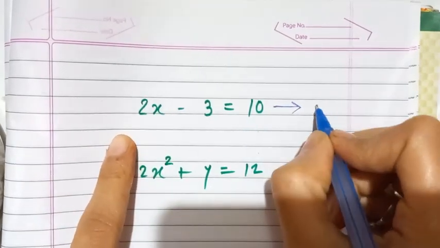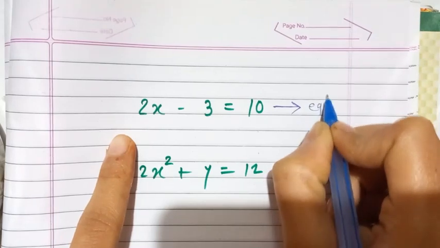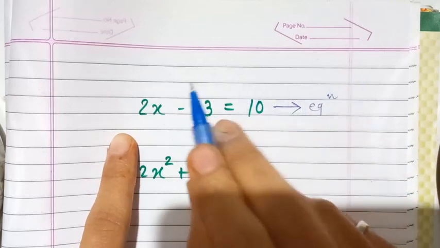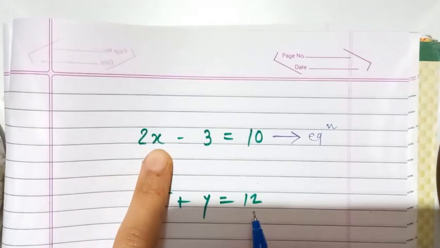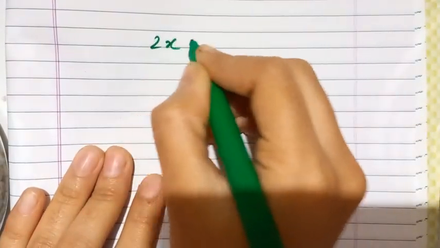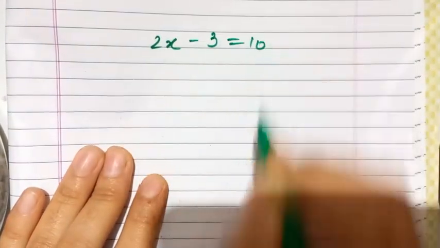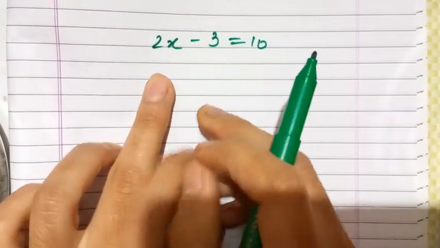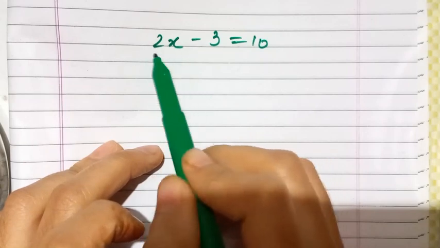Which type of equation is this? Linear equation in one variable. Now this equation can be written like this. Again I write 2x minus 3 is equal to 10. Let's understand what this means.